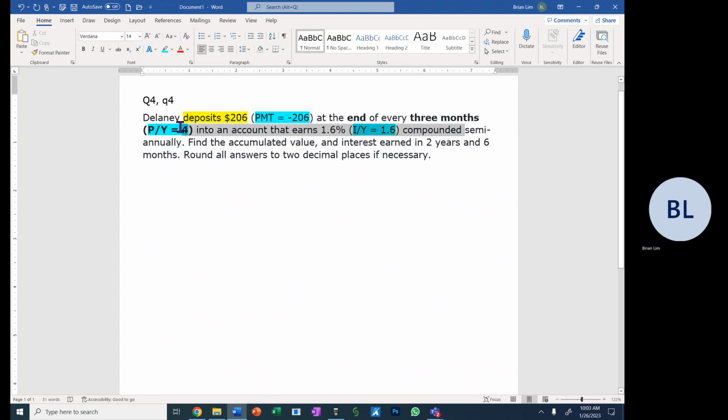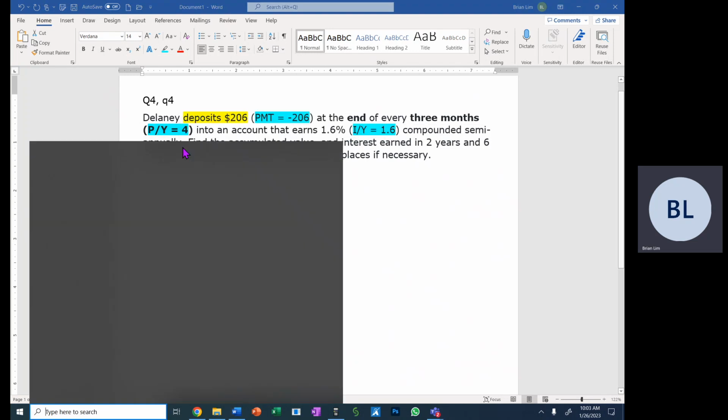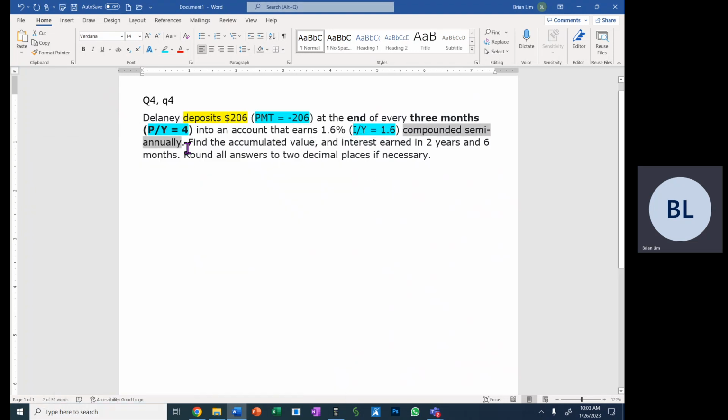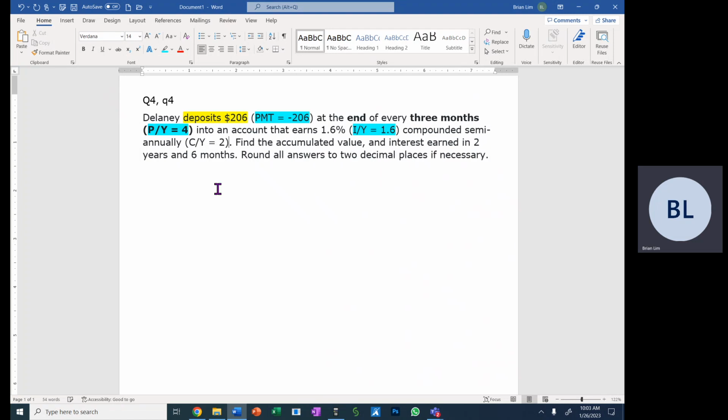It's compounded semi-annually. Okay, so that means we are looking at the compounding, so that would be the CY value, and the CY value would be equal to 2, right? Because it's semi-annual.